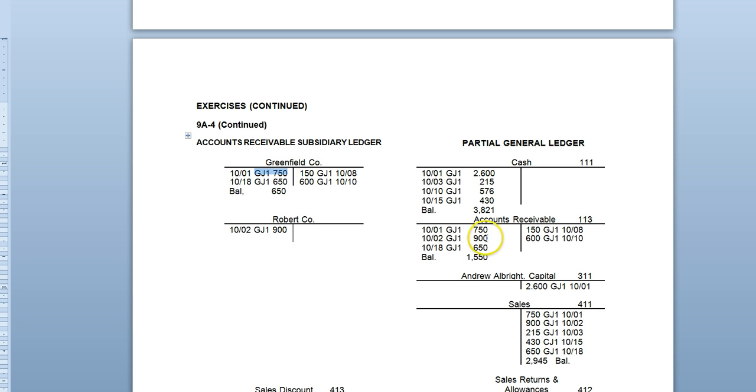It appears also that they're going to the control account in the general ledger for the same 750. It comes from General Journal, page 1, as does the transaction posting to the subsidiary ledger. This is the ledger where we keep track of everybody that owes us money.